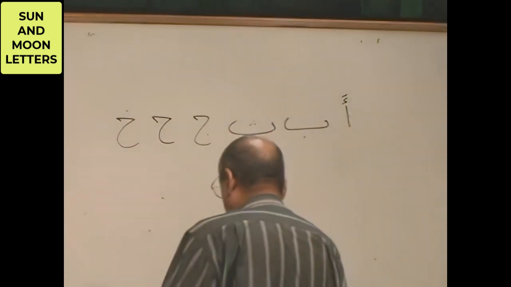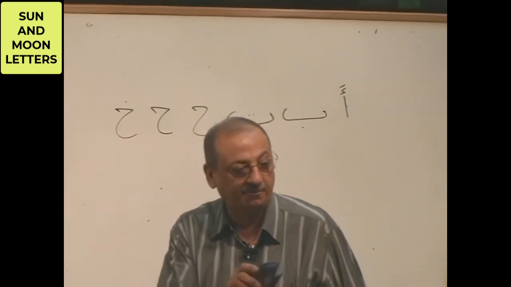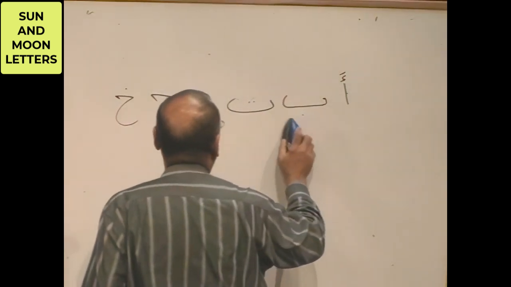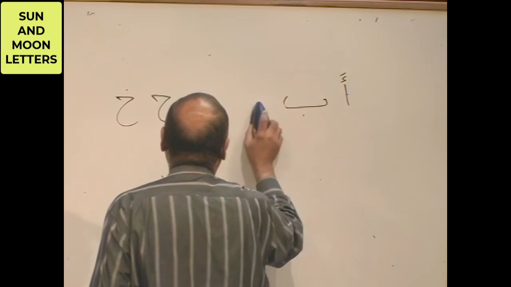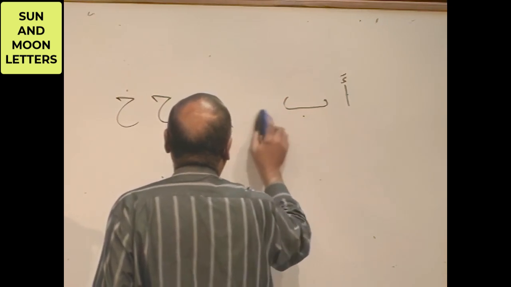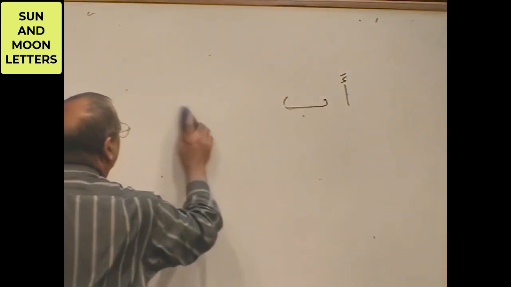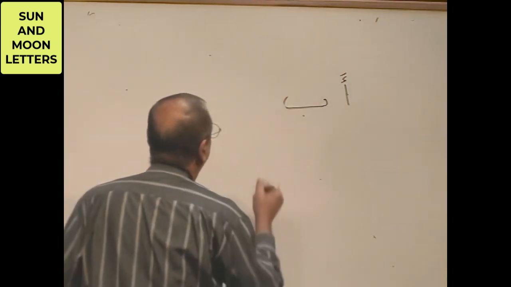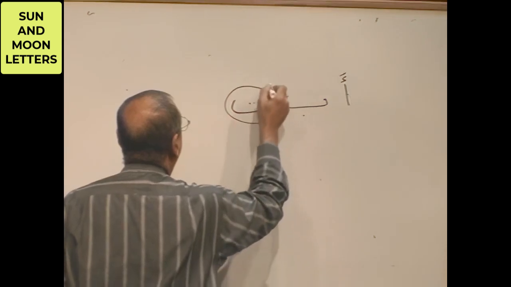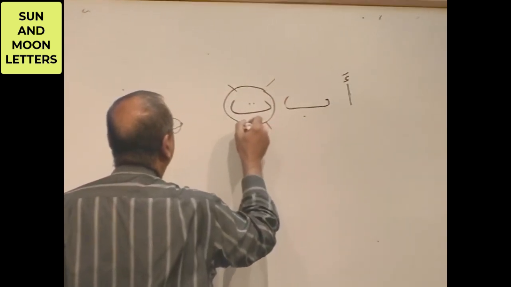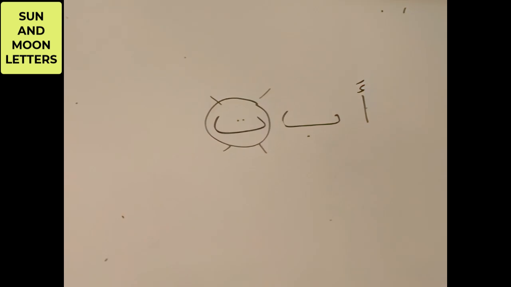I use different pens, but here I'm not using different pens, so maybe I will do a little trick, inshallah. I will write the whole alphabet, but then I will circle them. This is sun. Are you with me? This is sun.